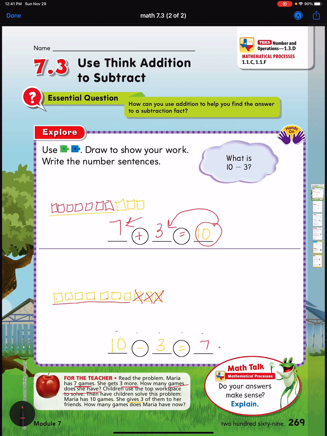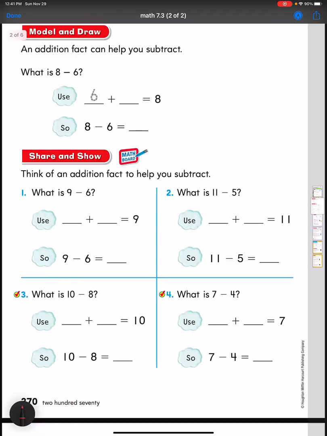So let's keep looking at some examples. Our model and draw asks us to use an addition fact to help us subtract. Our subtraction sentence is 8 minus 6, and it tells us to use addition to help us solve it. So we're going to take this 6, trace it, plus what is going to equal this 8.